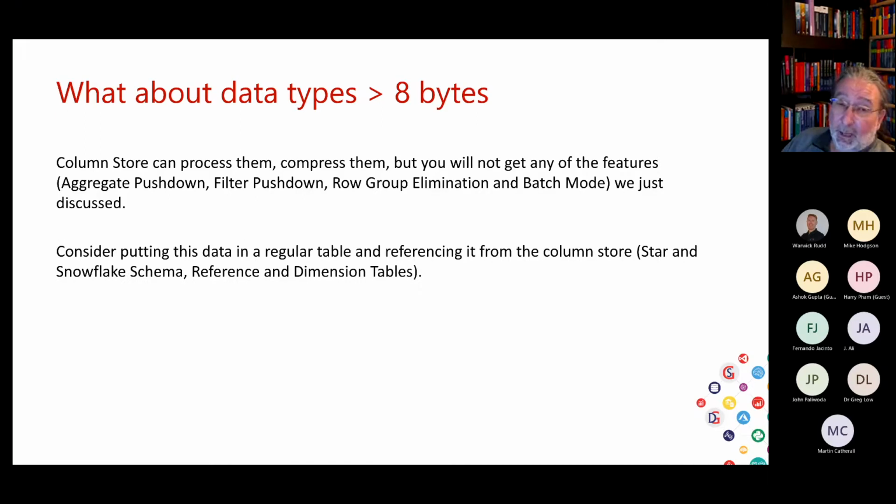What we did to make it more efficient, we considered putting this large data that we could not fit into 8 bytes into a regular table and referencing it from the column store, like star, snowflake schema, reference dimension tables, whatever you want to call it. So things that we, for example, referenced out were computer names, yeah, or IP addresses. This is all stuff that needs more than 8 bytes.